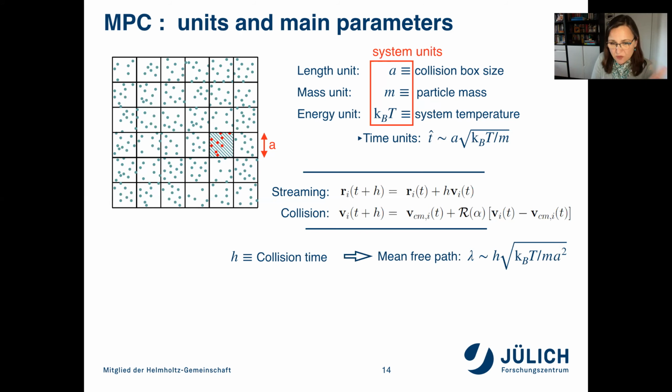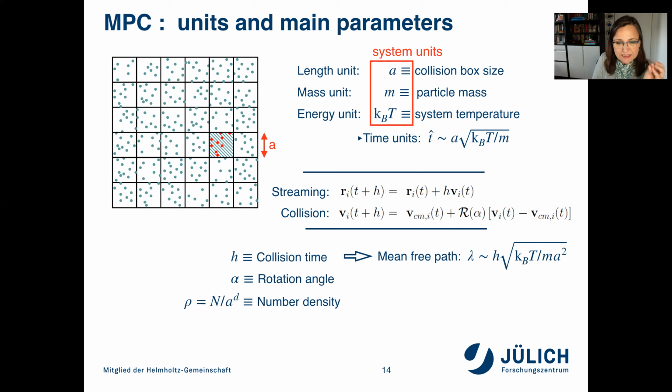The collision time is related to the mean free path of the particles, and it will be an important characteristic. Then we have the rotation angle. If the particles are interchanging momentum through this rotation, it will not be the same if this angle is very small or much larger.